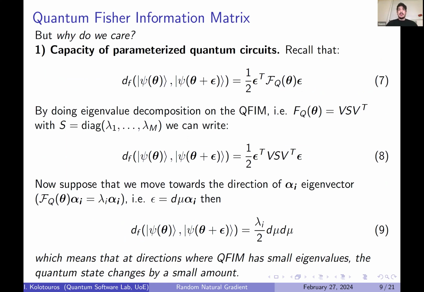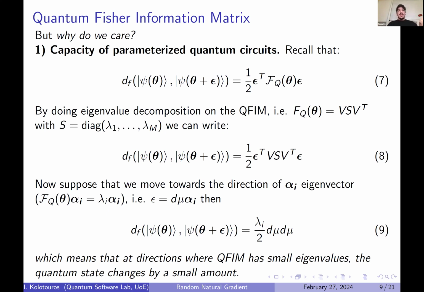Consider the distance between the states psi of theta and psi of theta plus epsilon, and consider the eigenvalue decomposition of the quantum Fisher information matrix, because it's a symmetric and real matrix. Then in equation 9, suppose that this parameter epsilon goes towards the direction of the alpha-th eigenvector, scaled by a very small scalar mu.